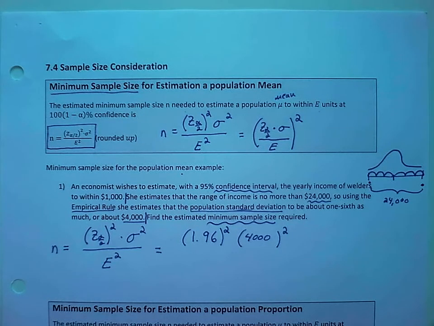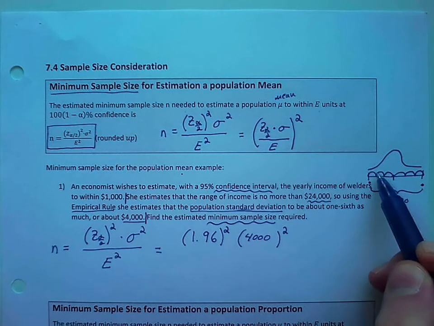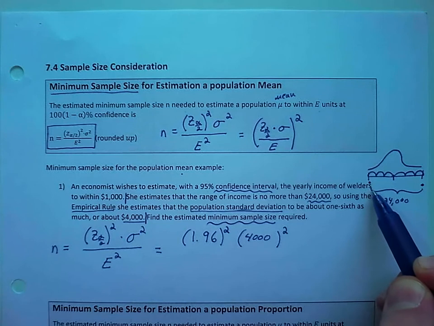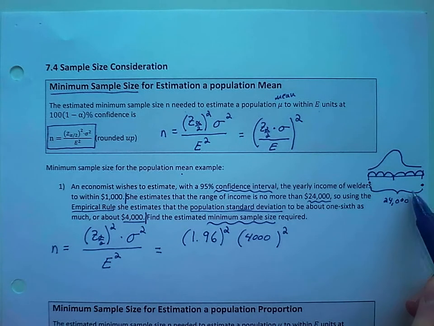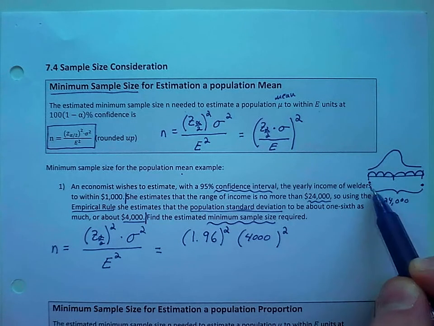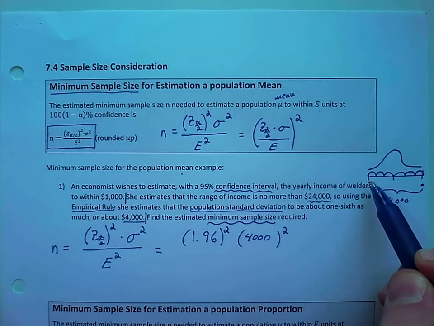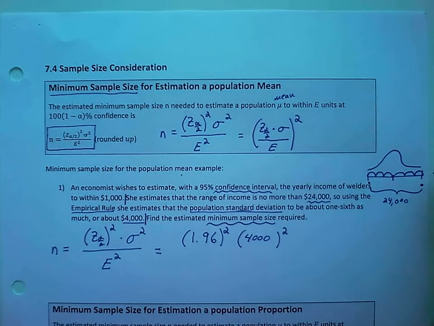Well, 99.7% of the salaries is pretty darn close to all of the salaries. So therefore, if approximately all of the salaries are 3 standard deviations above the mean to 3 standard deviations below the mean, and we know that that constitutes $24,000, from the highest to the lowest salary, then we can divide this 24,000 by 6, because we have 1, 2, 3, 4, 5, 6 standard deviations.